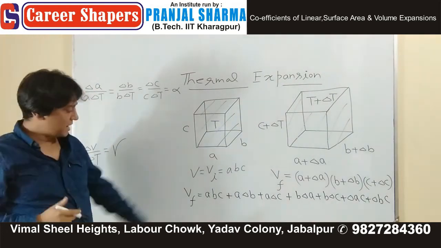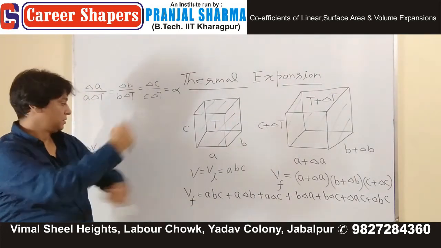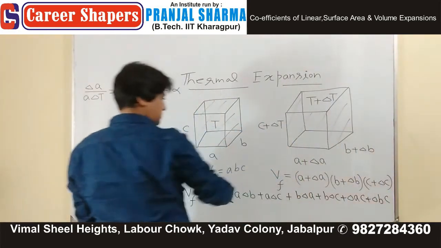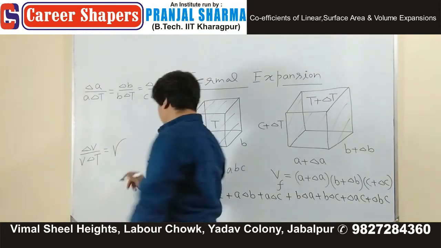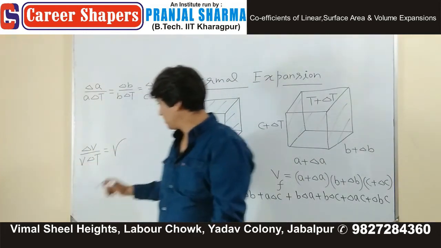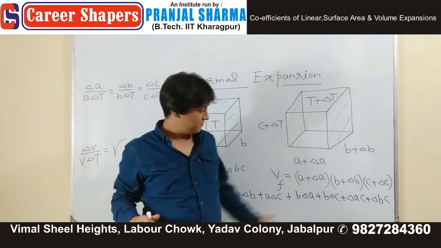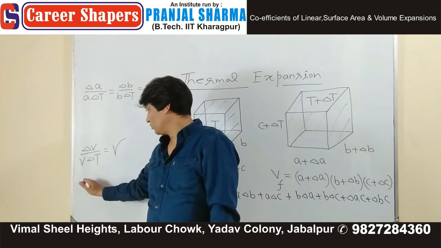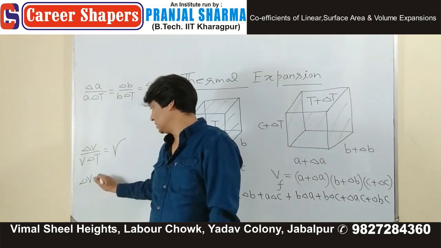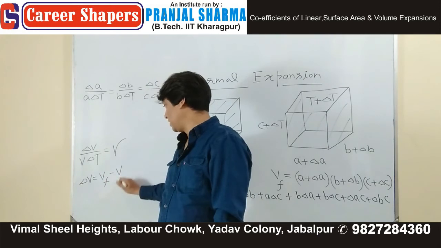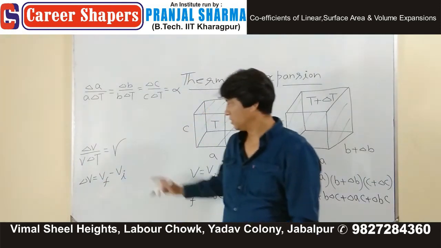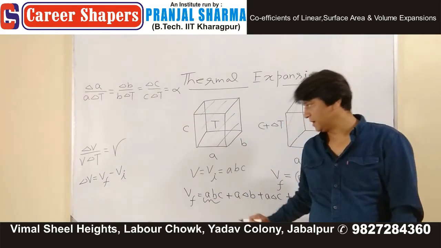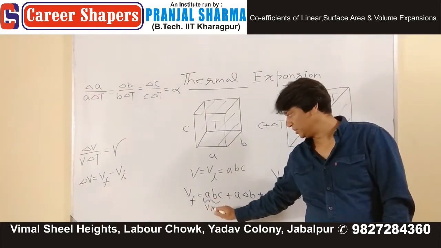Now, once you get this V final, we are interested in delta V. If something is wrong in this, then mention this in the comment box, and I will just correct that part, if I have repeated something or some part is missing. This delta V is V final minus V initial. Let's save time. This ABC is your V initial.